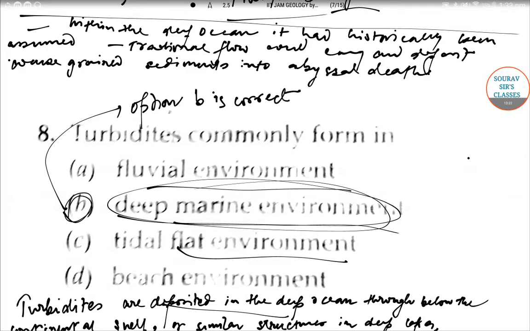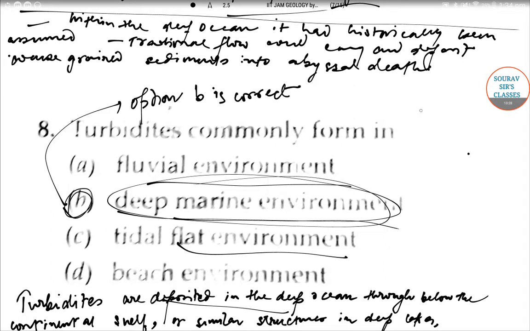And in this video we have discussed a lot of things. First of all, we have discussed the question in a very brief manner. We have discussed what turbidites are, the options, and the theory part, and we have also taken a simple approach so that it will be time saving for you.